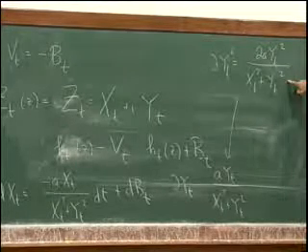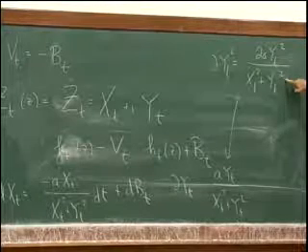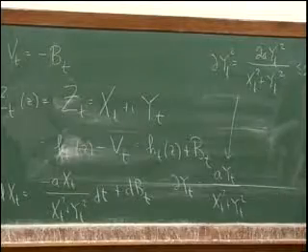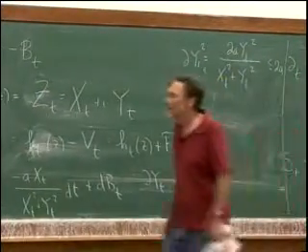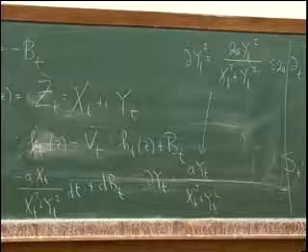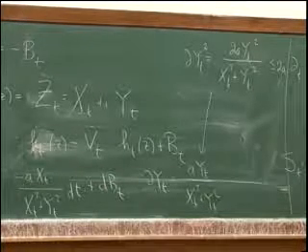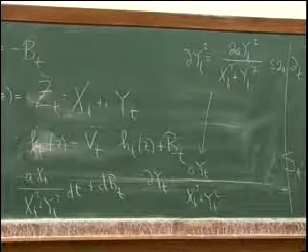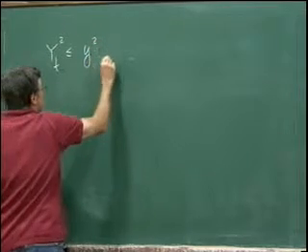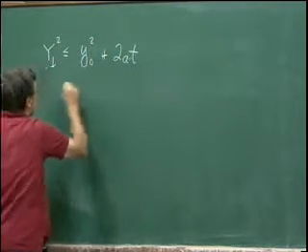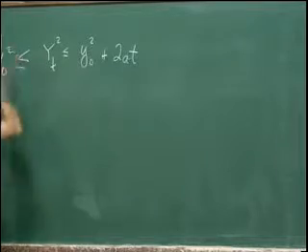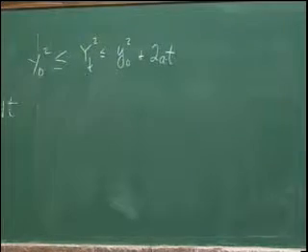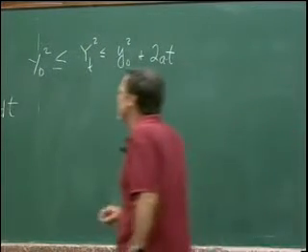And from this equation, you see that the derivative of y_t squared, the way I've written it, is less than or equal to 2a. So we always have that y_t squared is less than or equal to whatever my initial condition is, and it's always bigger than or equal to my initial condition.